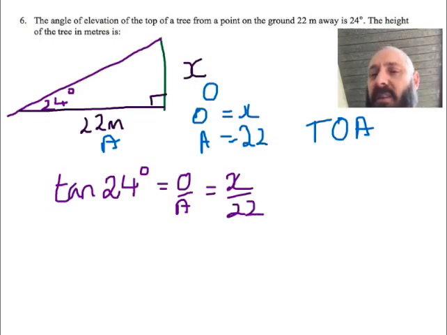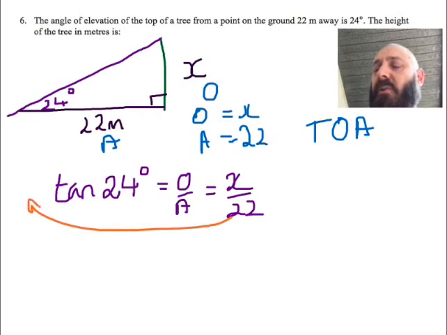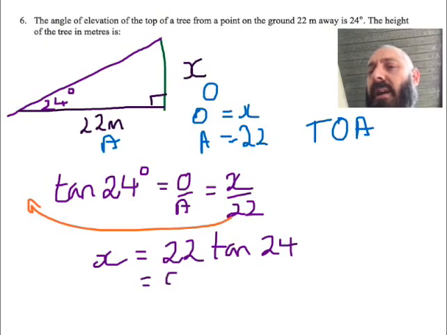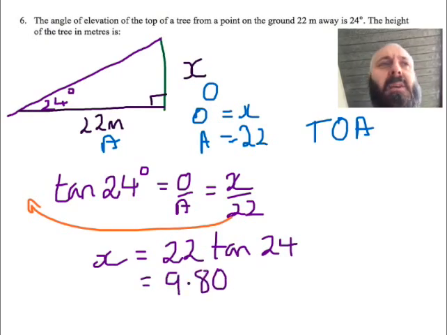This is nice because the unknown's on the top line. And again, I'm just going to bring that 22 across, and hopefully that will leave me with x is 22 tan 24, and I've actually prepared this one earlier, and that gives me 9.80 units. It's in meters.